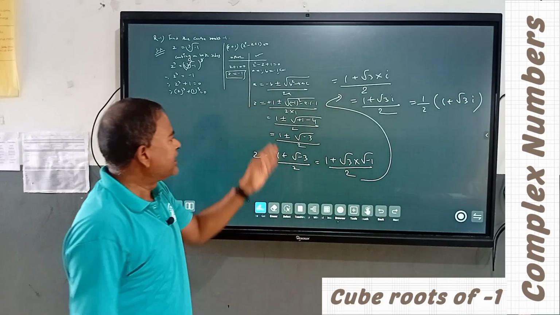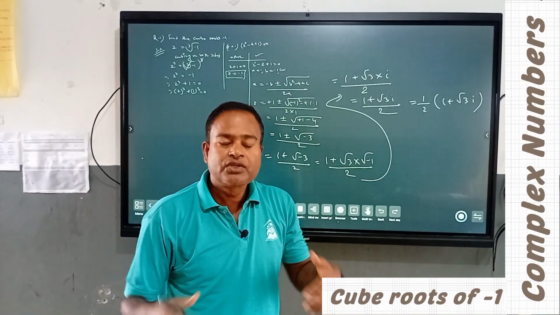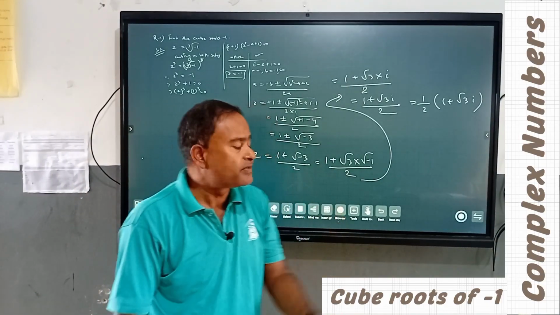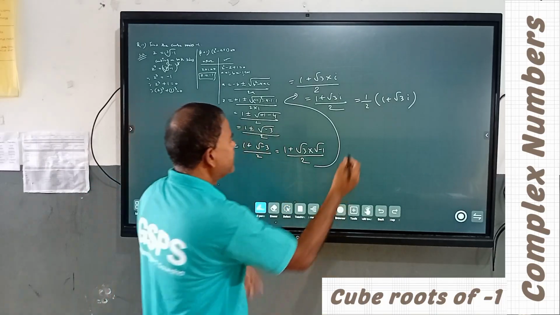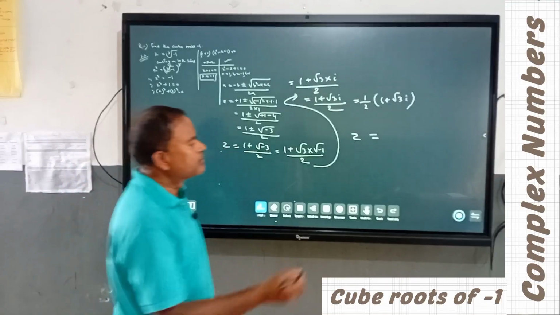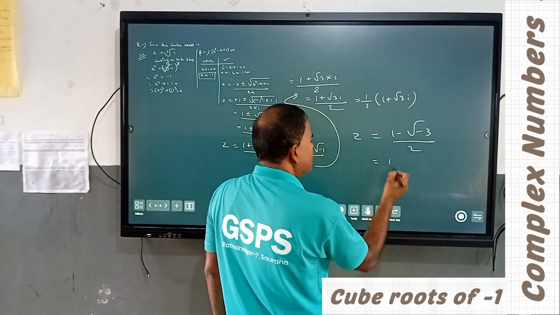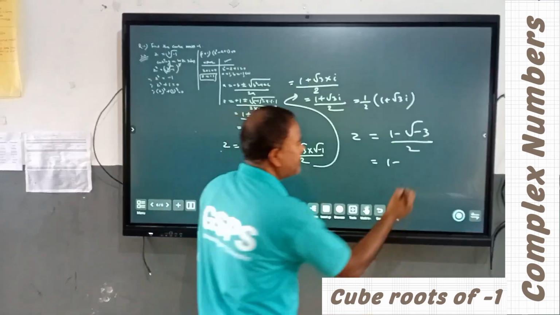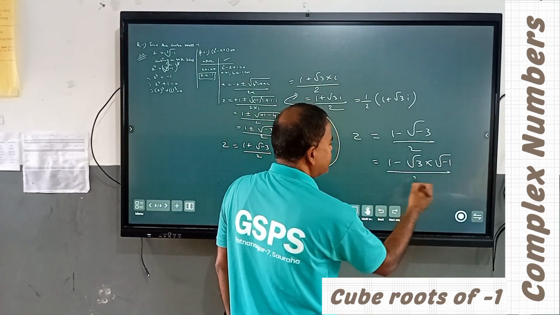Now by taking the negative sign, we get the third cube root of -1, which is also in complex number form. If we take the negative sign, then z equals 1 minus square root of -3, divided by 2, which equals 1 minus root 3 times the square root of -1, divided by 2.